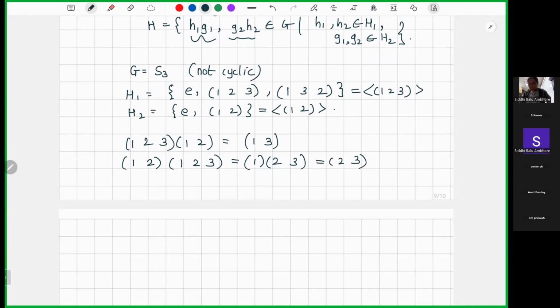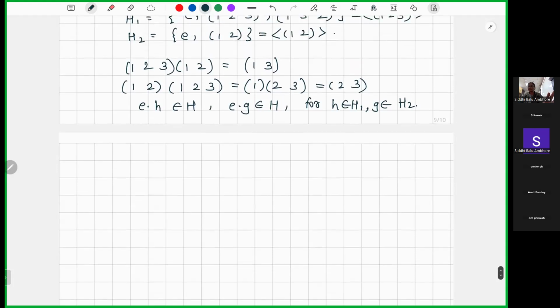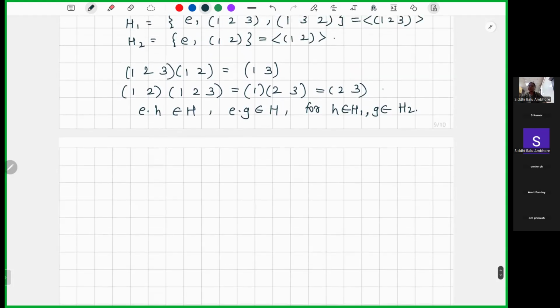Here H1 and H2 also have E, so all these elements (1 2 3), (1 3 2) and (1 2) are already there in my new group H, because E times elements of H1 belongs to this new group H, and E times g belongs to H for g belonging to H2. That's not a problem. And these are two new elements which I got.